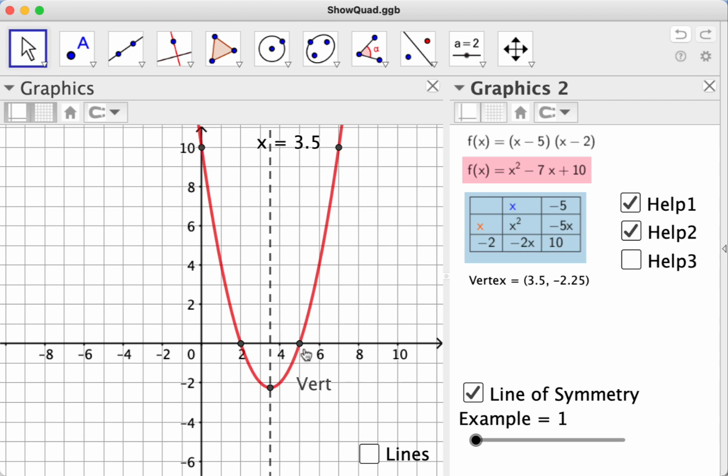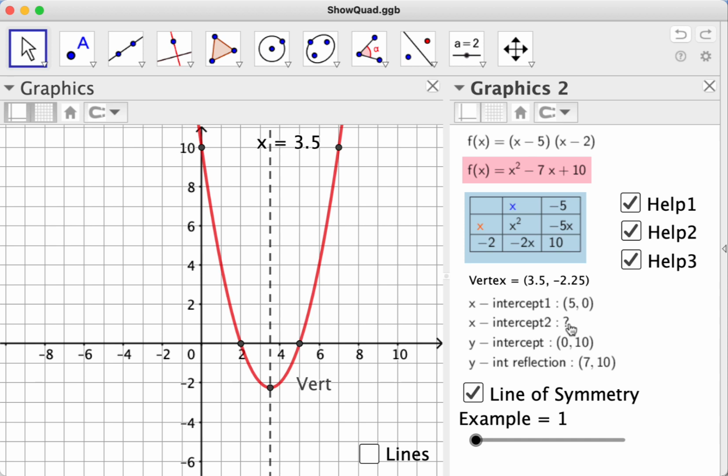And so now we have 1, 2, 3, 4 points, the two x-intercepts, the vertex, and the y-intercept. Well, there's one more point here. So we have our x-intercepts at 5, 0, and this should say at 2, 0. I don't know why it doesn't.